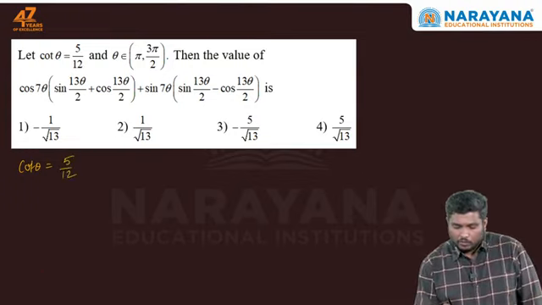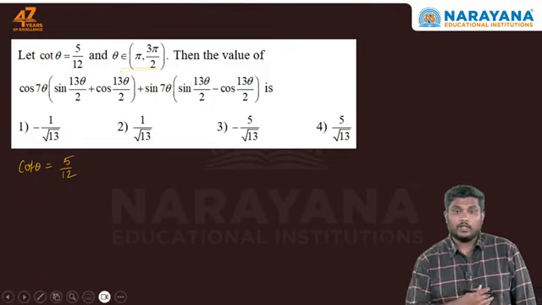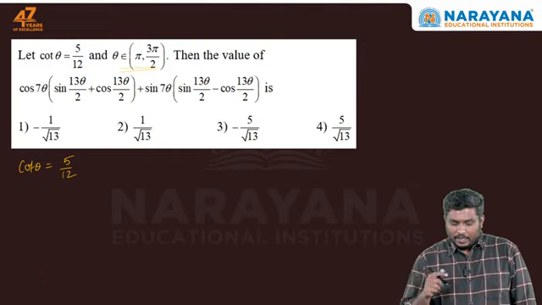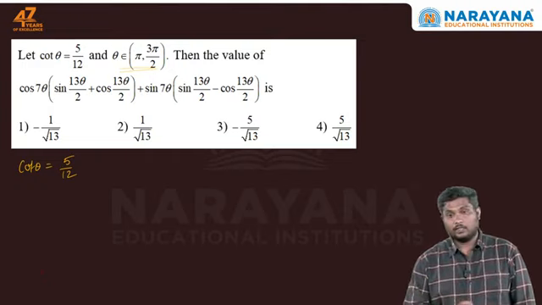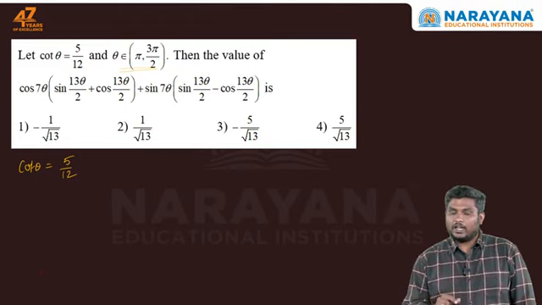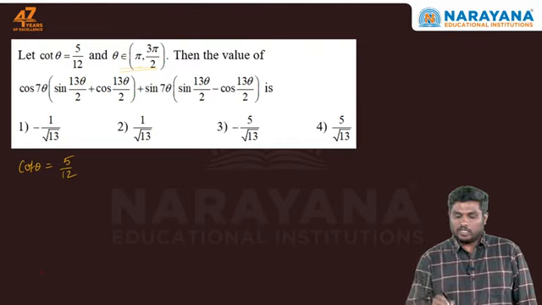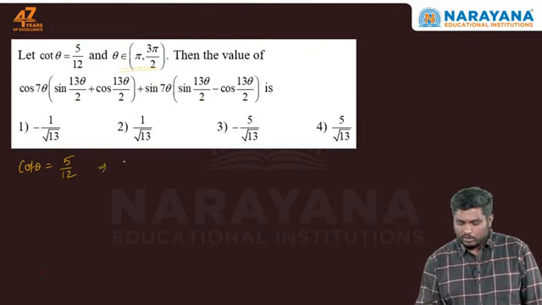Guys, you have to take care of this thing very seriously, because at the end we might require it. If you see the options, there are plus minus, which clearly indicates this has something to do with theta lying in which quadrant. So theta lies in the third quadrant, theta belongs to quadrant 3.